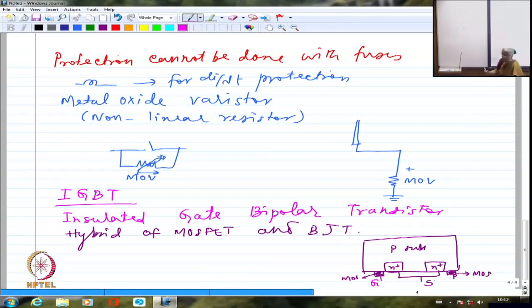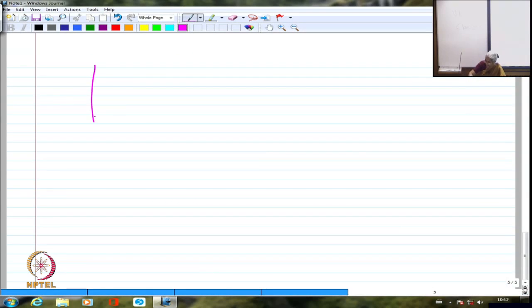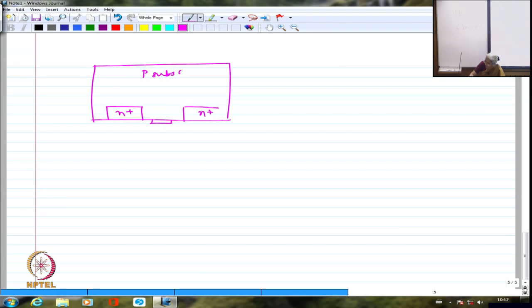Let me probably redraw the diagram because I myself don't find any space here. Let me again draw it. This is the P substrate. I am going to have N plus here, N plus here. Let me probably show the gate in between, in the P itself. So this is the metal oxide layer, and this is going to be my gate. And this is going to be the source.